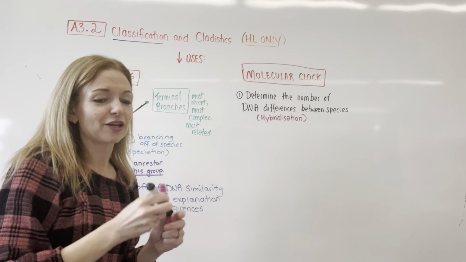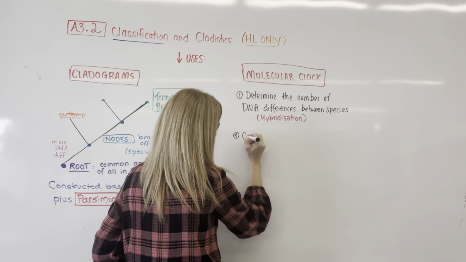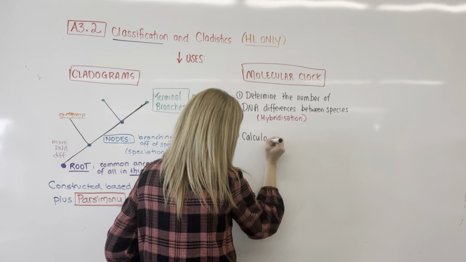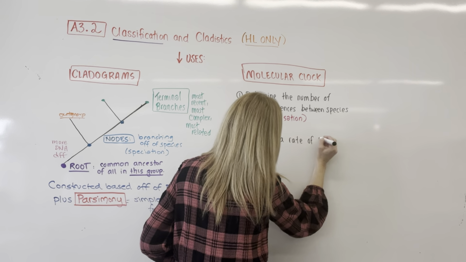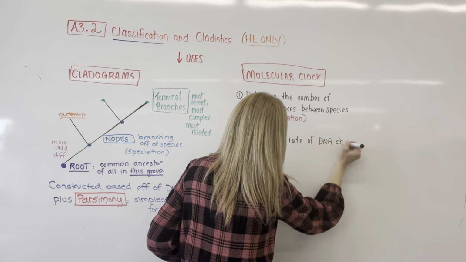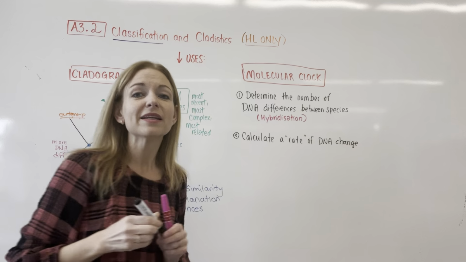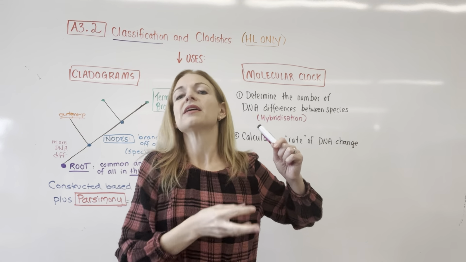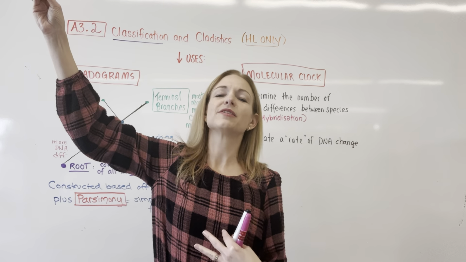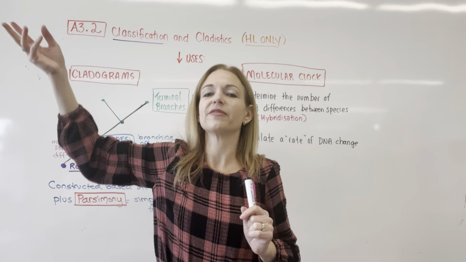Then from that, you're going to calculate a rate of DNA change. This generally helps if you have some idea of when some of the speciation events might have happened. So if you know these ones branched off at this point and these ones branched here, you've got some timeline, and then you can use the number of differences.